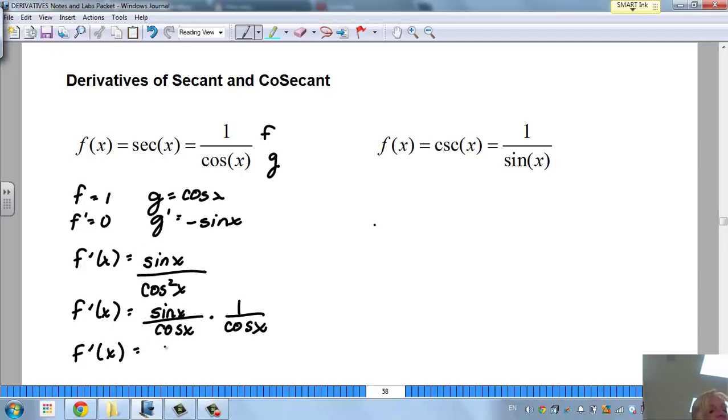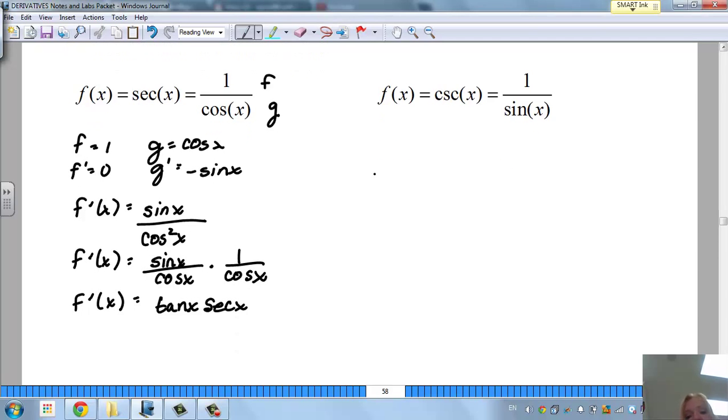So sine over cosine of x is tangent of x. And 1 over cosine is secant of x. So the derivative of secant actually has secant in the derivative. It's tan x secant x. I actually usually write it the other way because it's easier for me to remember. So I usually write it this way. Secant tan is how I say it. Secant x, tan x. It's a little bit easier to remember.